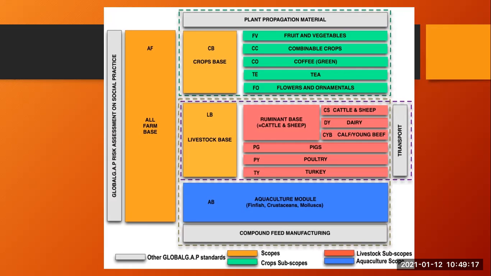So for example, you are doing only fruit, but you are not doing vegetables. You still use the fruits and vegetables, but when you get to some requirements which are applicable to vegetables, but not applicable to fruit, those requirements will not be applicable to you. So in that case, you'll be given the option to select not applicable.